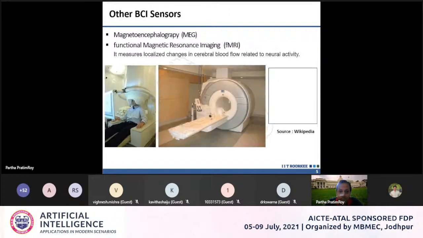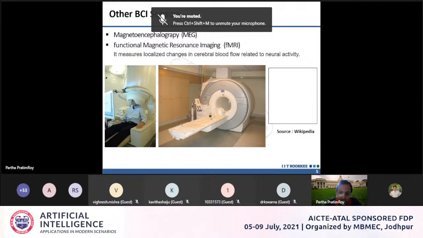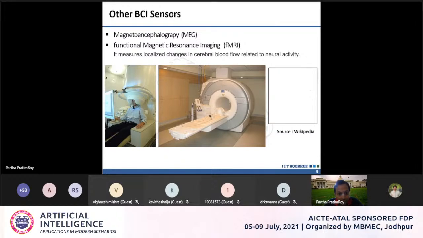For example, these are the fMRI and MEG devices. I think you might have seen them in hospitals. These are used for the diagnosis of brain-related diseases.